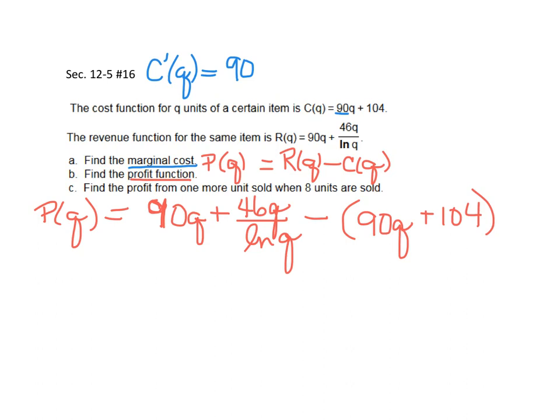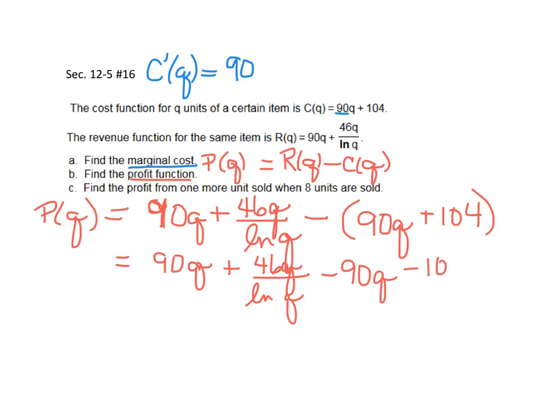And now simplifying this profit function, we have 90Q plus 46Q over natural log of Q minus 90Q minus 104.